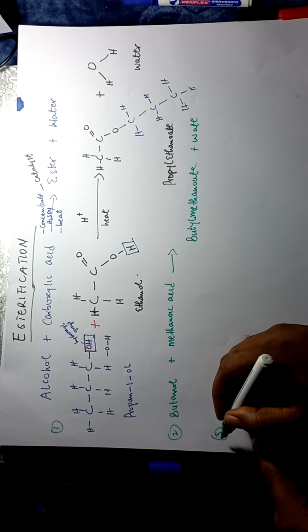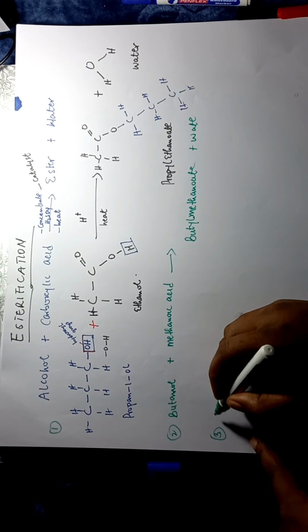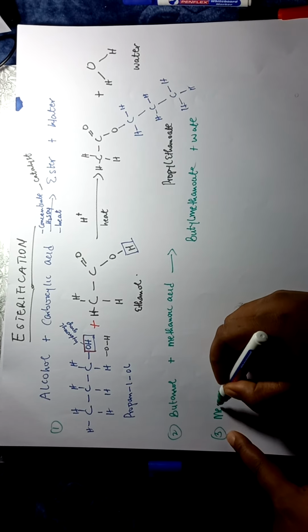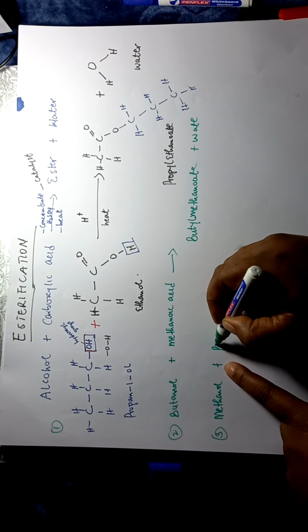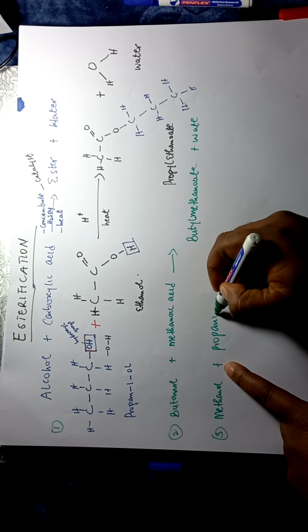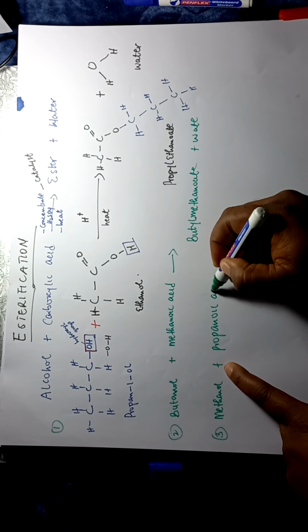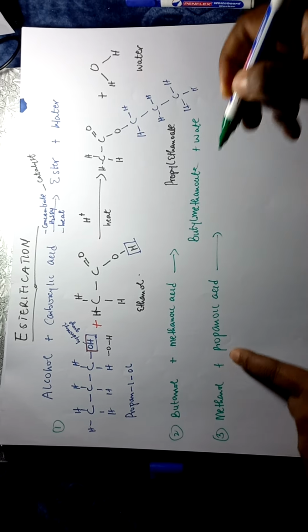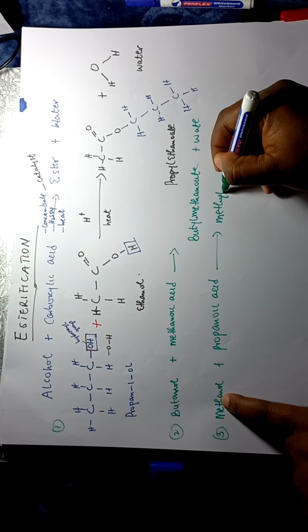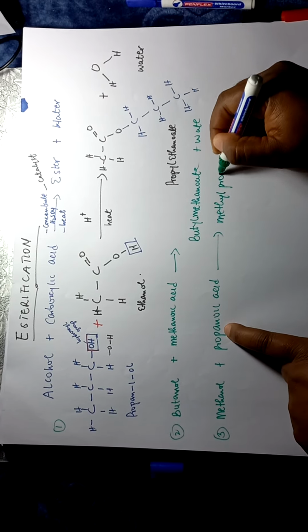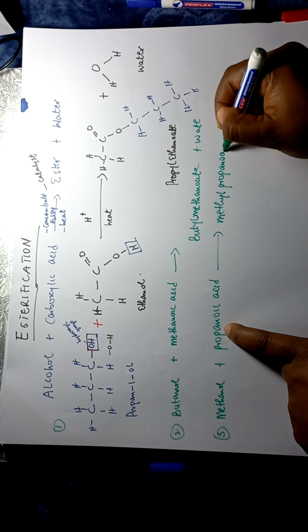Another one, I want you to understand the patterns. Another one, if we are given methanol plus propanoic acid, the product here should be methyl propanoate.